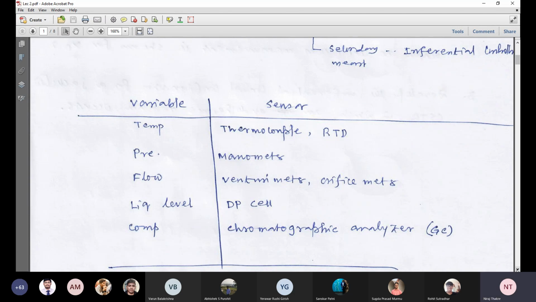For temperature measurement, we go for thermocouple, RTD. What is RTD? Resistance temperature detector. RTD is resistance temperature detector. For pressure measurement, we usually go for manometer, pressure gauge. These are used for pressure measurement.